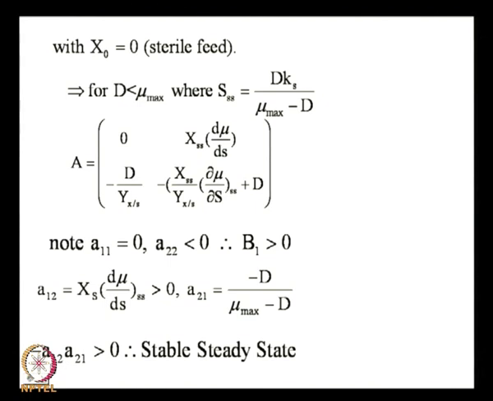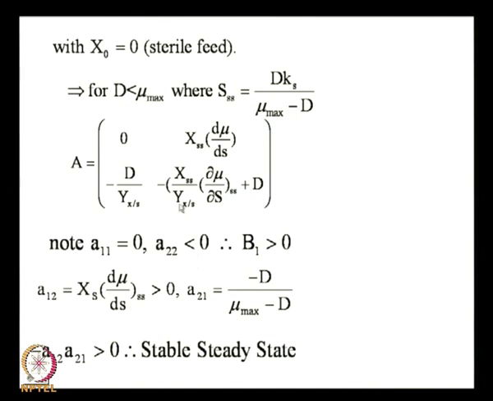I need the negative of A12 times A21 to be greater than 0, or in other words A12 times A21 less than 0. So my two criteria, B1 greater than 0 and B2 greater than 0, that is the two coefficients greater than 0, translate to, because A11 is 0, A22 less than 0 and A12 A21 less than 0. That is all. That is my criteria for a stable steady state.